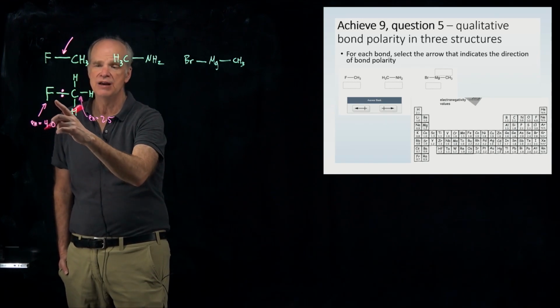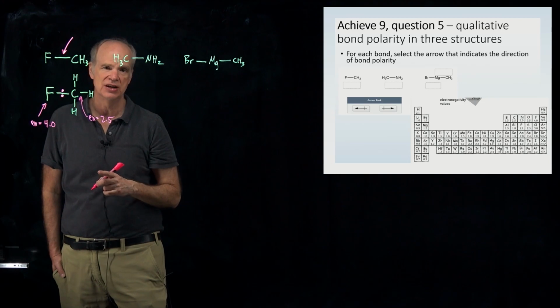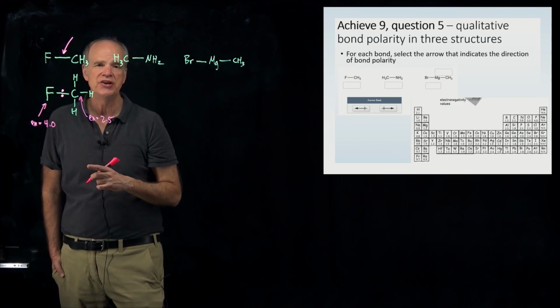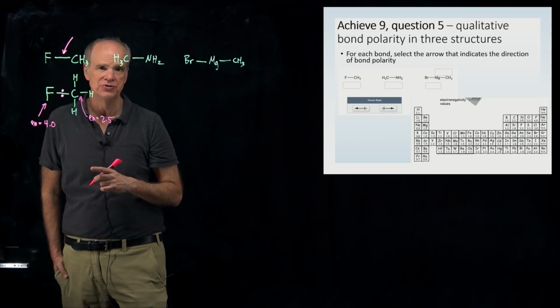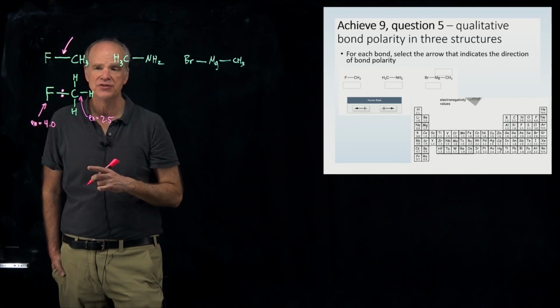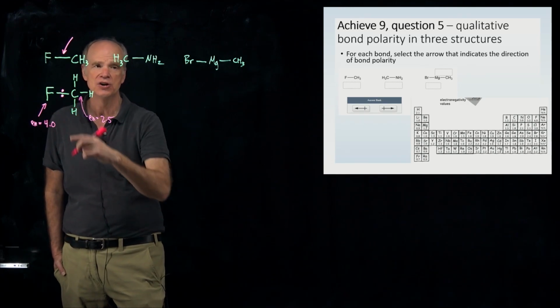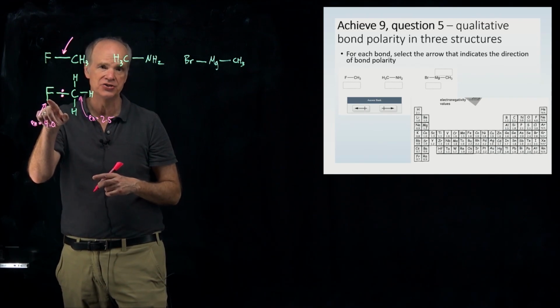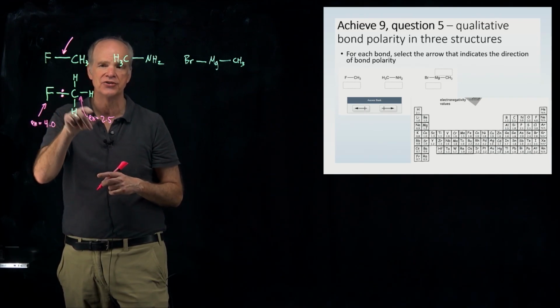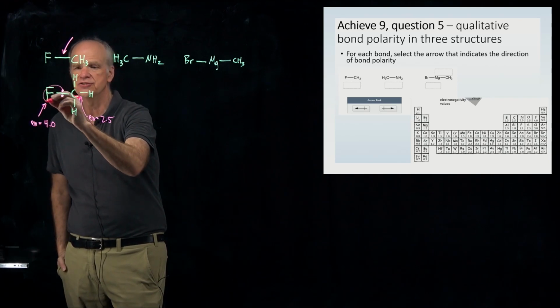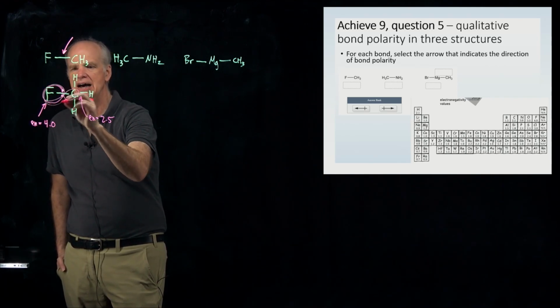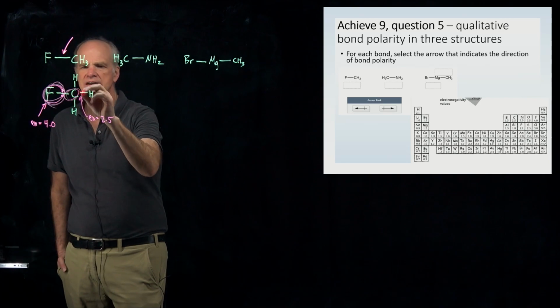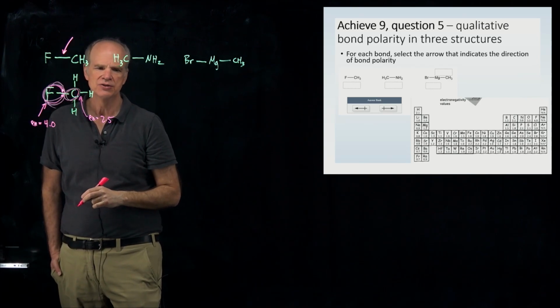And in fact, you may recall that the definition of electronegativity is it's a value that tells you the relative strength that the atom nucleus has for a shared pair of electrons. So fluorine has a greater attraction for a shared pair of electrons than carbon. So these electrons here are going to be spending a lot of time around fluorine and a little bit less time around carbon.